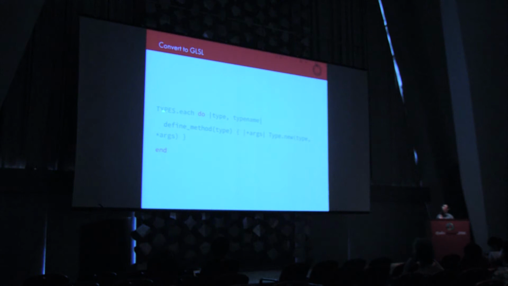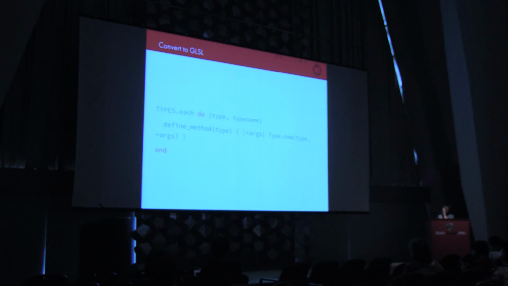So how to define a new type? I just create a hash to save it, because we just save the type and the arguments into it, and everything will work.